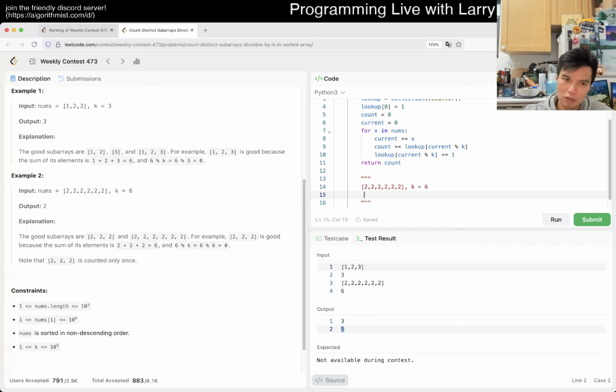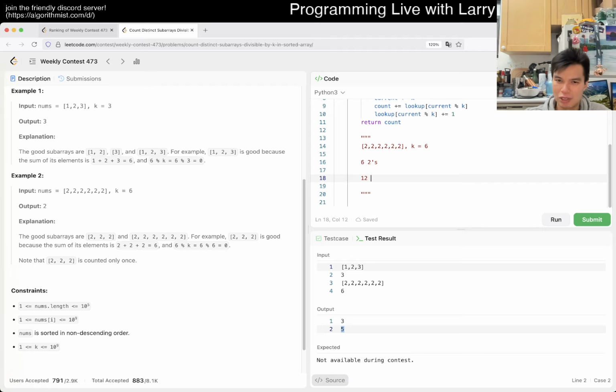So now, how would I think about this? Let's just say I have 6 2s. So 12 and 6. So the GCD is 2 or 6.